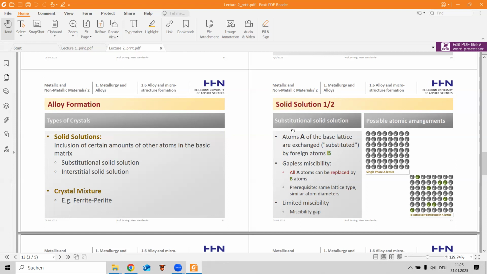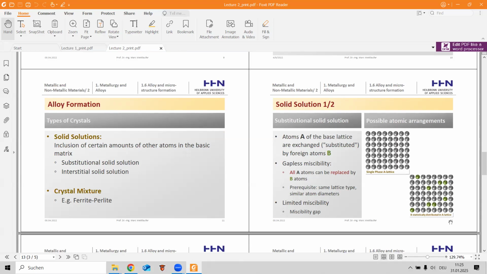So, solid solution, substitutional solid solution. Atoms A on the base lattice are exchanged or substituted by foreign atoms B. Here we have a single-phase A lattice, and here B statistically distributed in the A lattice.